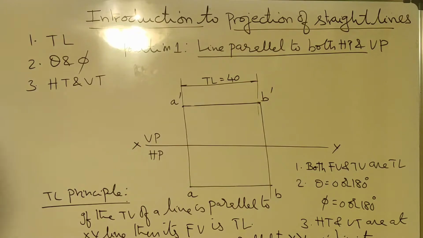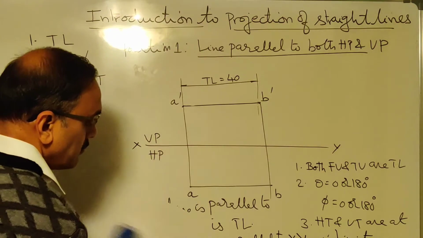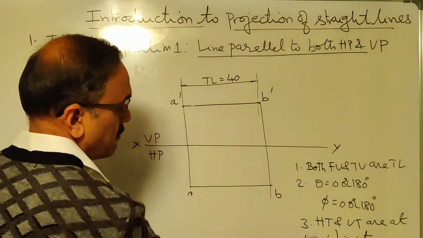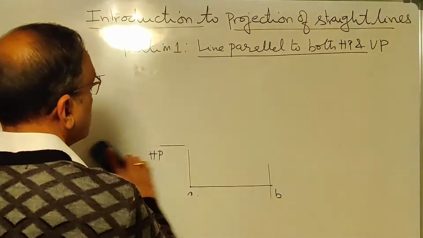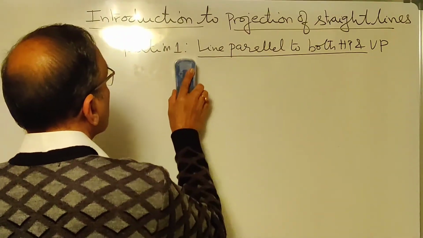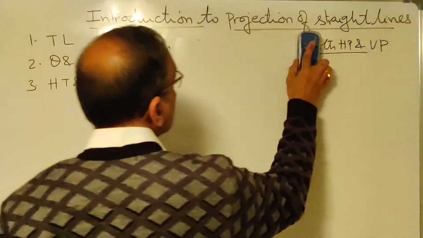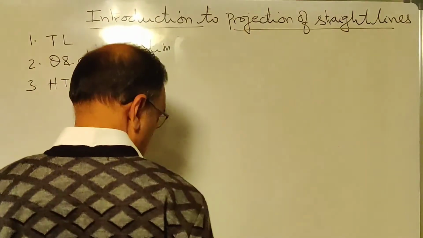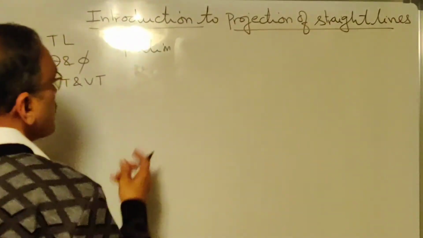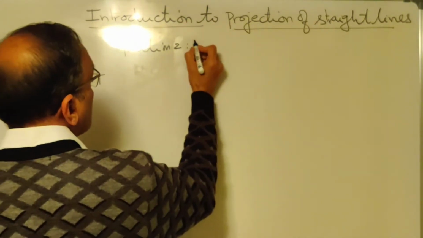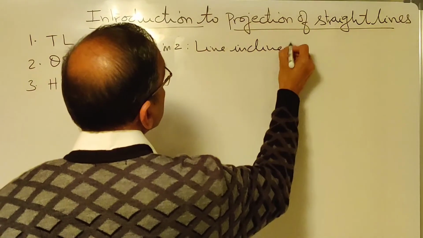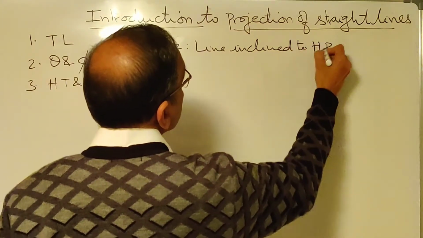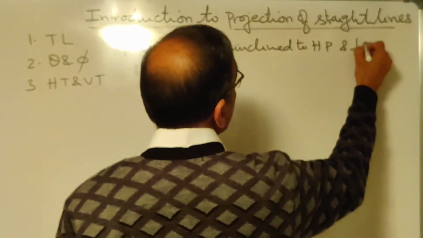Having understood this, let me move to position number 2. Position 2, here I take a line inclined to HP and parallel to VP.